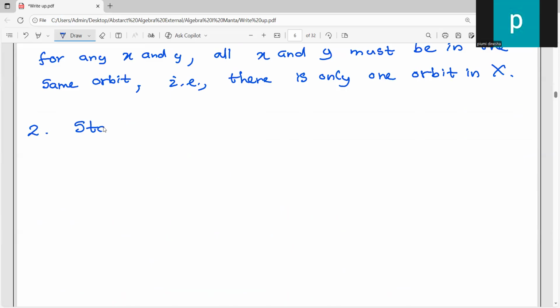First, let me write down as a reminder the definition of the stabilizer. You take all elements in G; the stabilizer of the element x is the elements in G that fix this element x through the group action. Now let's find the stabilizer of g dot x, simply using this definition.